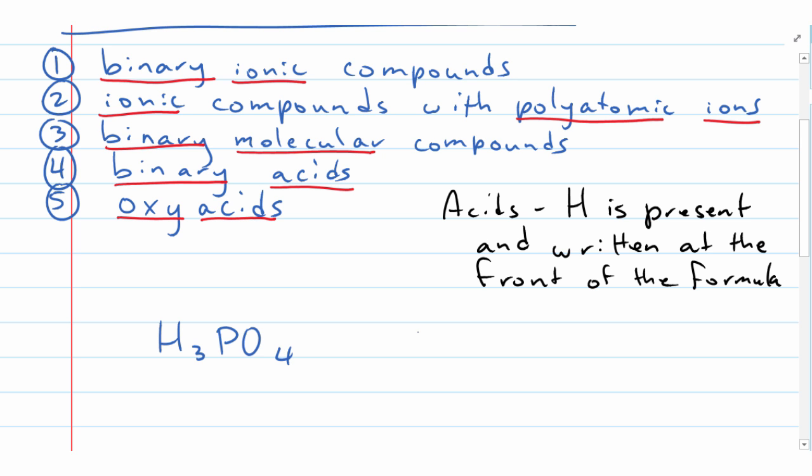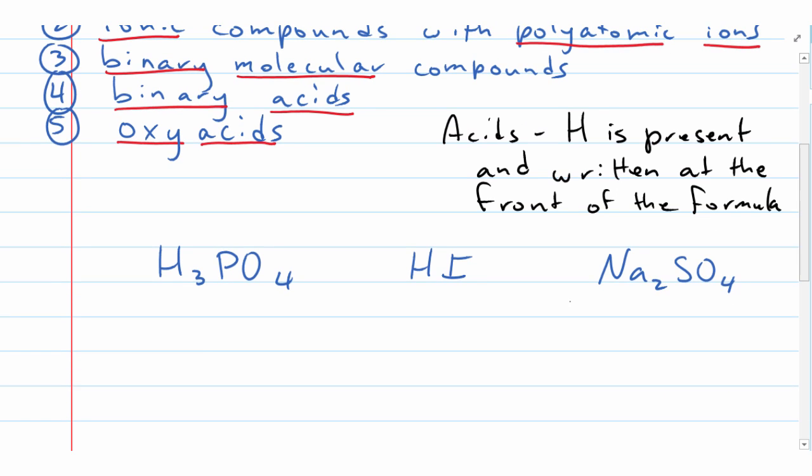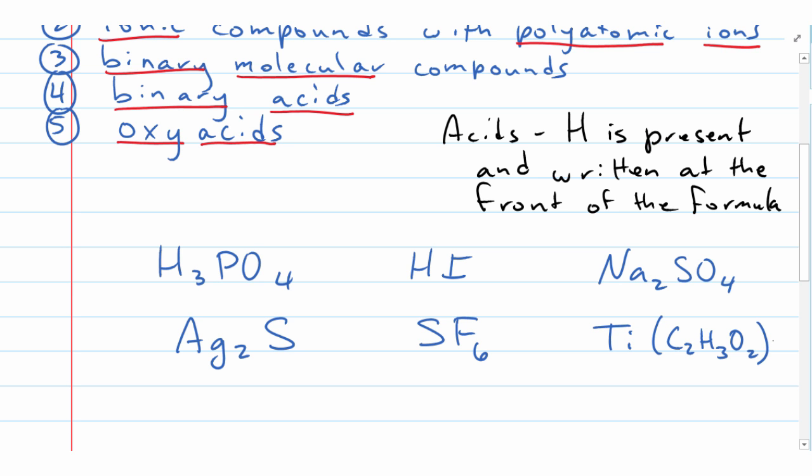Then we have HI, Na2SO4, Ag2S, SF6, and then here's a big one, Ti, and then in parentheses C2H3O2 with a 4 outside the parentheses.